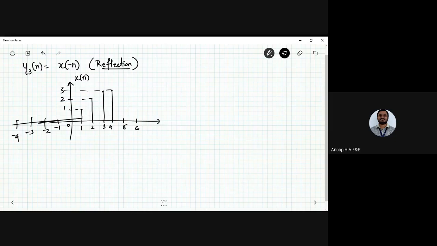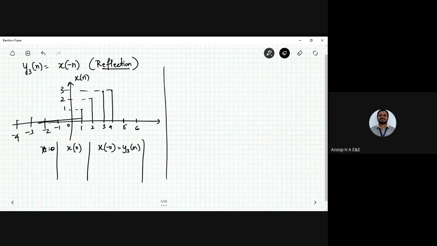So now what do I do? Again, I put the tabular column for your understanding. At n is equal to 0, x of 0, that is x of minus 0. This is the y3 of n. X of minus 0 is equal to x of 0, that is equal to 0 again. So what do I sketch here?